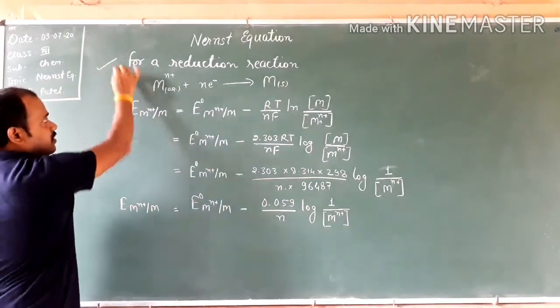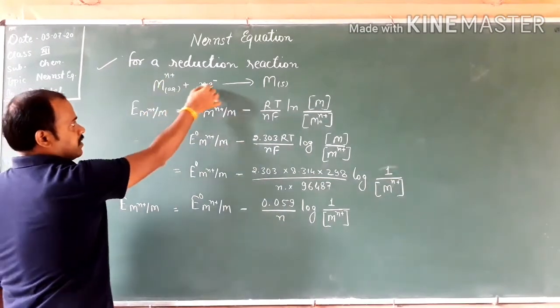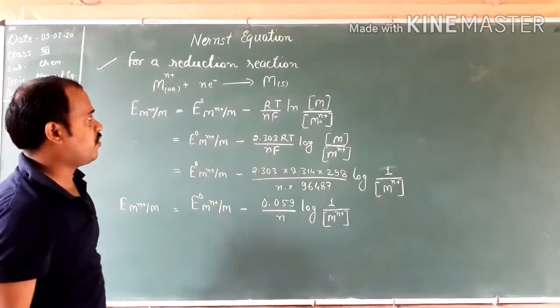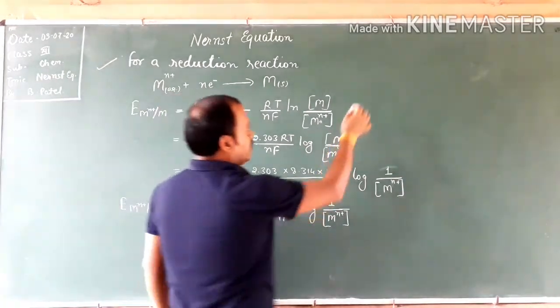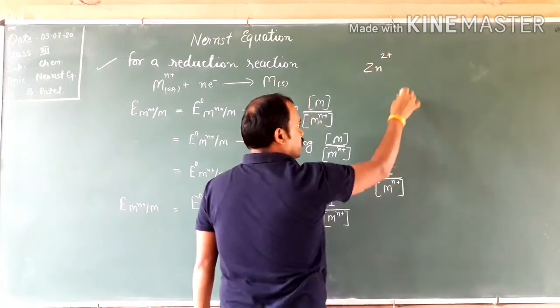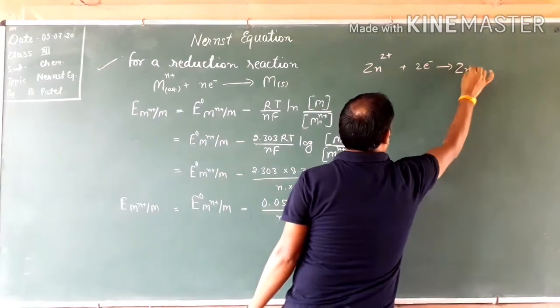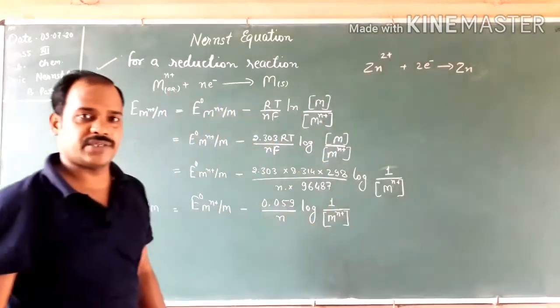Let's take a reduction reaction, Mn+ gains n electrons and forms M. For example, zinc ion Zn2+ gains 2 electrons and forms Zn. This is a reduction reaction.